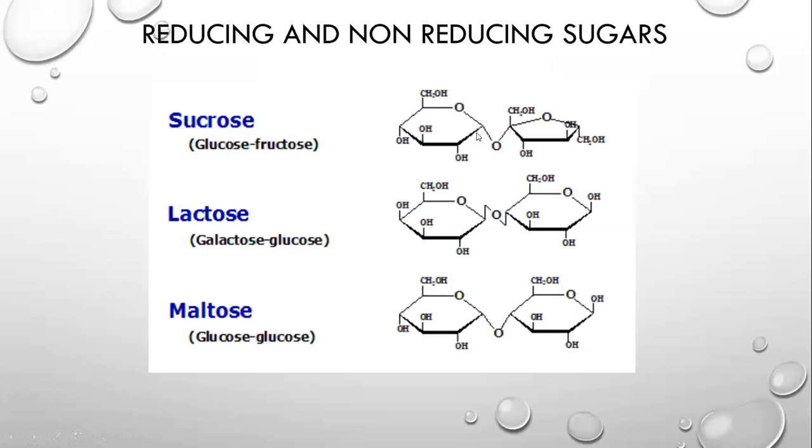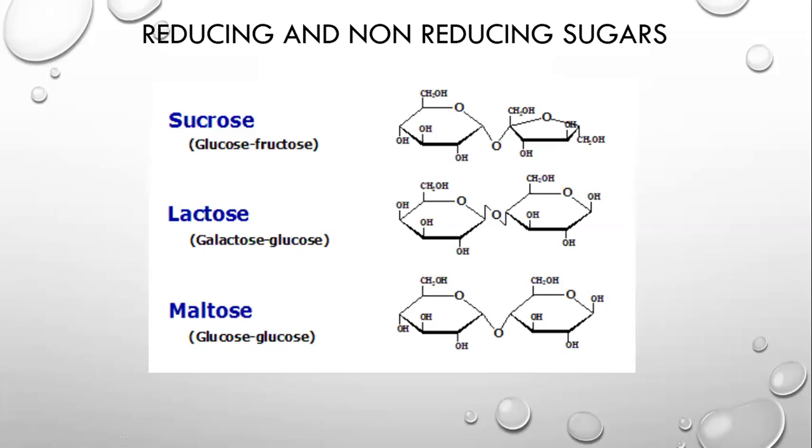So wherever the glycosidic bond is going to be formed, the carbon which is attached to one more sugar group, whether it is a monosaccharide or disaccharide, whatever, that links through the glycosidic bond.